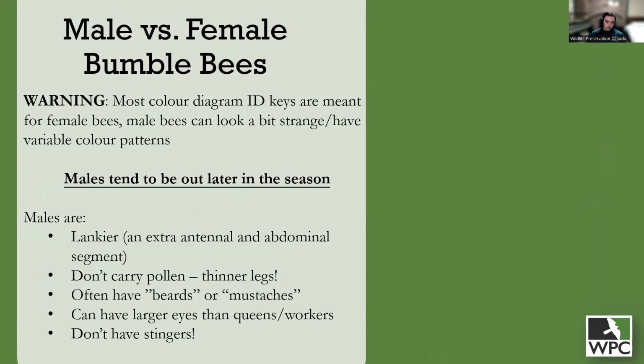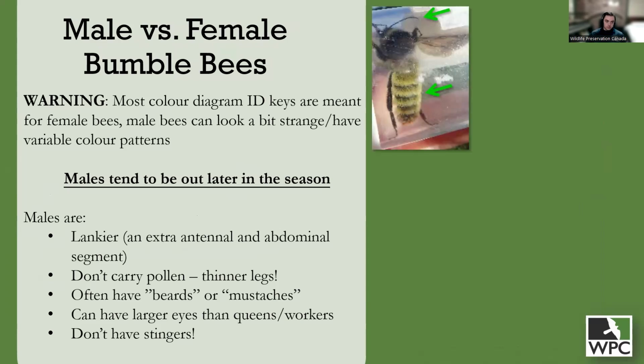So again, not only are they out later in the season, but they have some common physical traits that differentiate them from female bees. And they also just have oftentimes different color patterns from their female counterparts of the same species. But here are the main physical differences and common traits between males that will differentiate them from females.